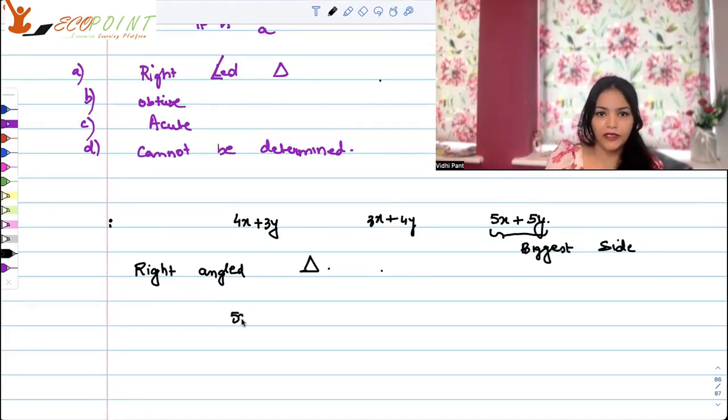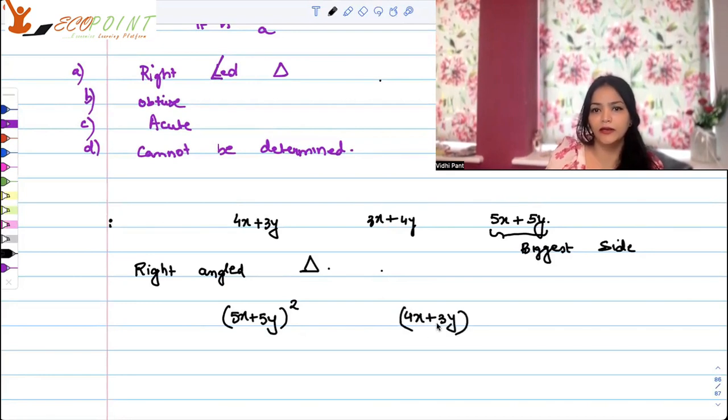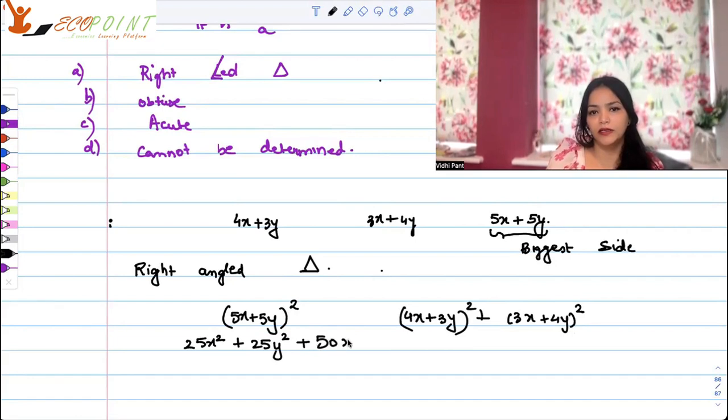तो 5x plus 5y का जो square है, let's compare it to 4x plus 3y का square plus 3x plus 4y का square. So what I get from here is 25x square plus 25y square plus 50xy. We'll get to know about equality है कि नहीं है. Let's see.